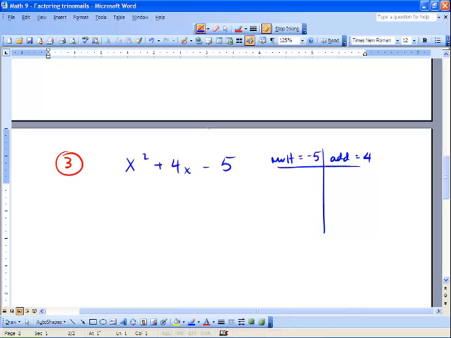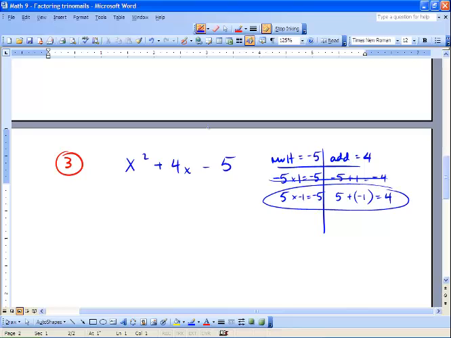Well, what numbers multiply to negative 5? We get negative 5 times 1, which is negative 5. Perfect. Negative 5 plus 1, though, is negative 4. That doesn't work. Well, we're close, though. So let's go 5 times negative 1. We get negative 5 that way. And 5 plus negative 1 equals 4.